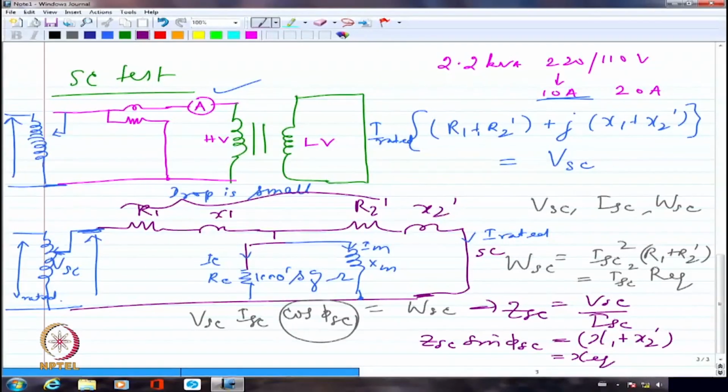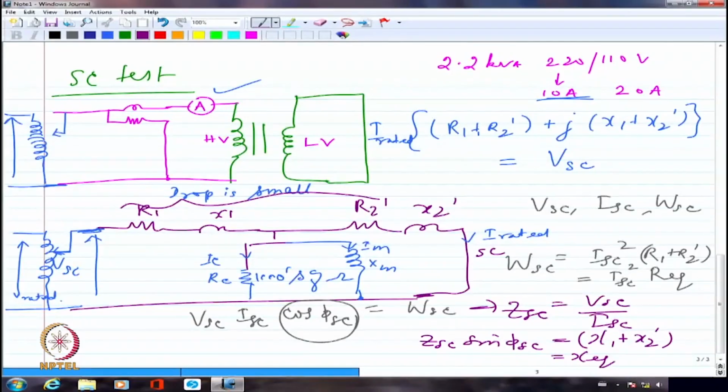If I had to load the same 220 by 110, 2.2 kVA transformer, how much power I would have wasted? Because I should load it probably first for 2200 watts, then maybe 1100 watts, 1000 watts and so on, and then I'll have to see what voltage I am getting at the terminal and what efficiency or wattmeter reading I am getting, right?